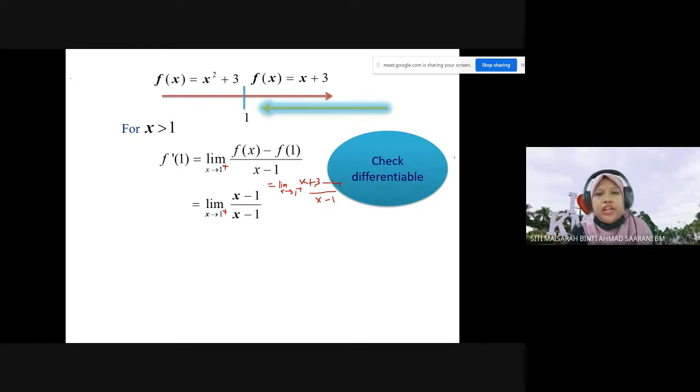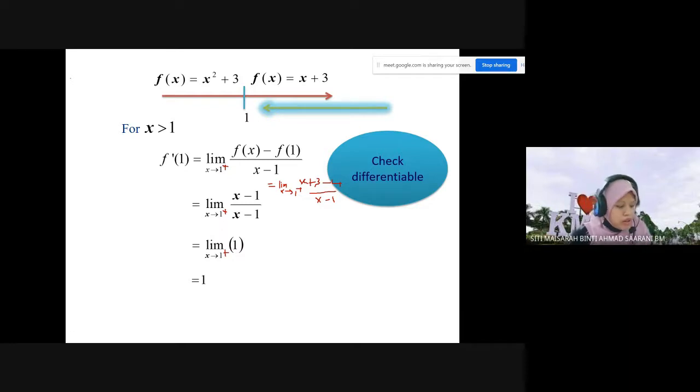So then we get x minus 1 over x minus 1. Dia boleh potong lah. We can cancel out x minus 1. We get limit x approach 1 from right, 1. So finally we get 1 lah kat sini. So f prime 1 from right is 1.